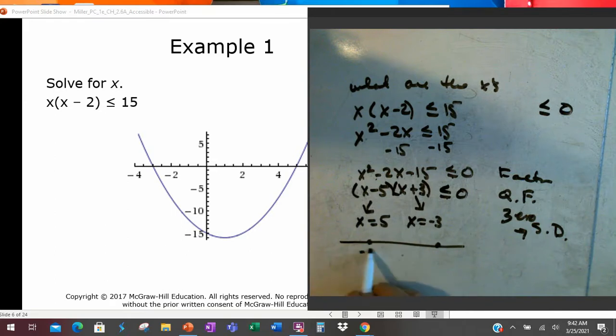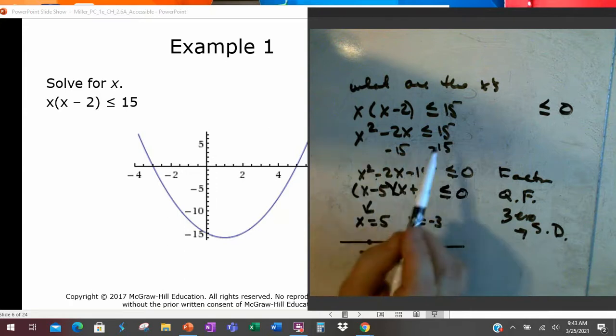Here's negative 3, left to right number line. Put a 0 here. Here's 5. I know this thing touches here, and it goes through those zeros as a quadratic. All I need to do is pick some point in here to tell you what it is. We know what it's going to be though.